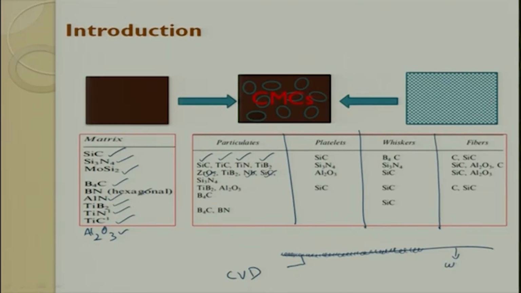For example, you can have a tungsten wire which is coated with boron. You can have a carbon fiber also. You can also have alumina fiber, wherein a ductile wire, tungsten or something, is coated, because tungsten is very high temperature. So, when alumina is coated, it can withstand very high temperature applications.